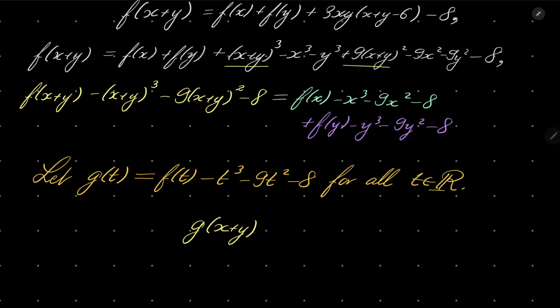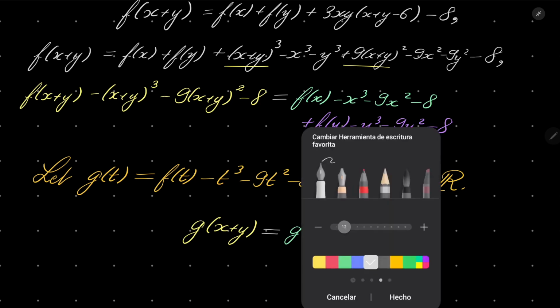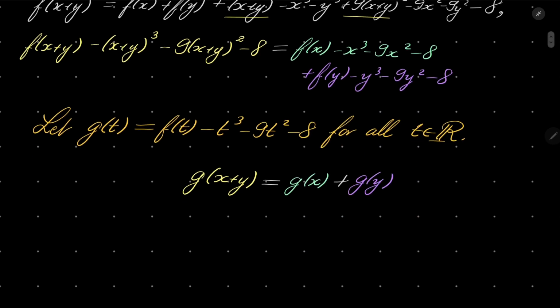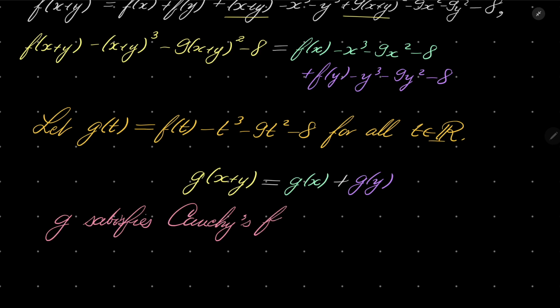It's just g of x plus y equals g of x plus g of y. It's Cauchy functional equation. So g satisfies Cauchy functional equation, also not for real numbers but for rational numbers.